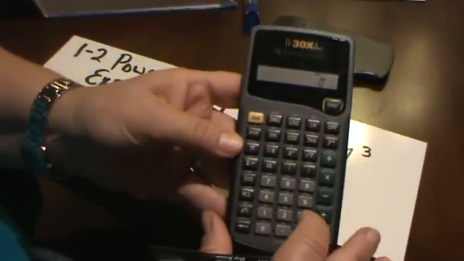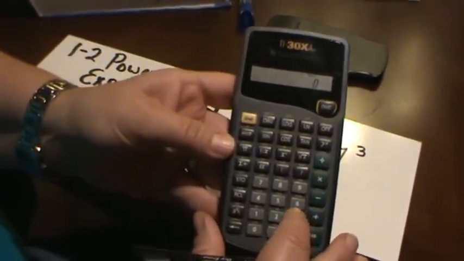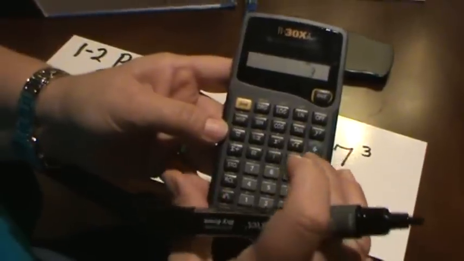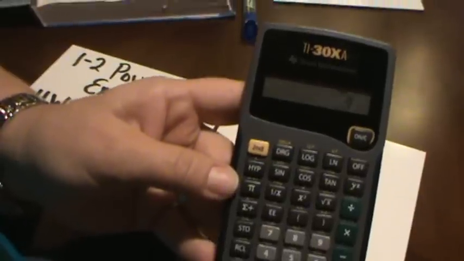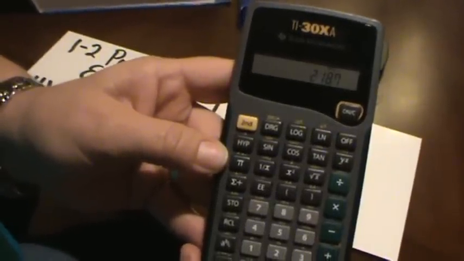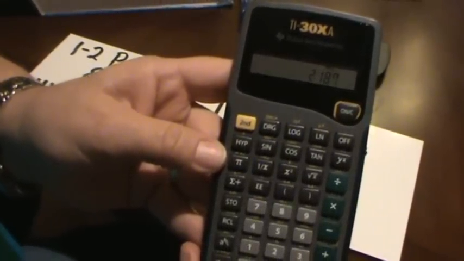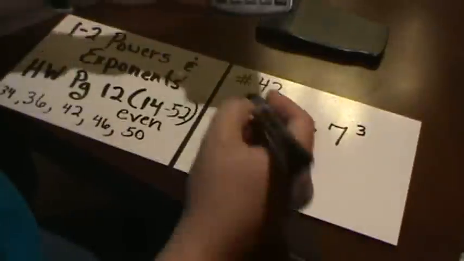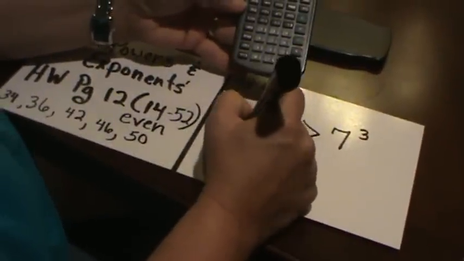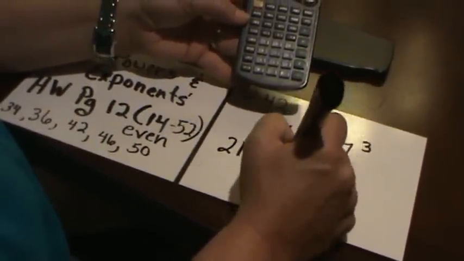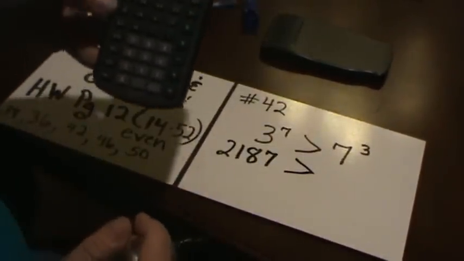Well, the way that we do that is we go 3 and then we hit the y to the x button, and I'm able to put in an exponent of 7. And then I hit equal, and it's going to calculate it. And it tells me that that has a value of 2,187. And I just like to write it under it, like that.